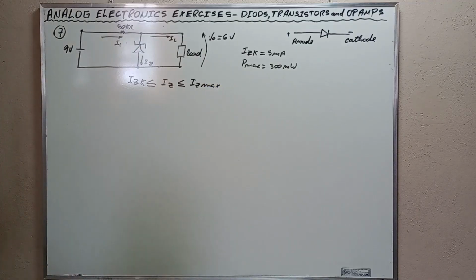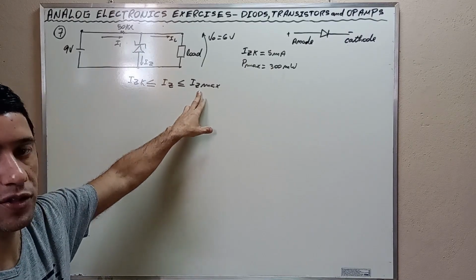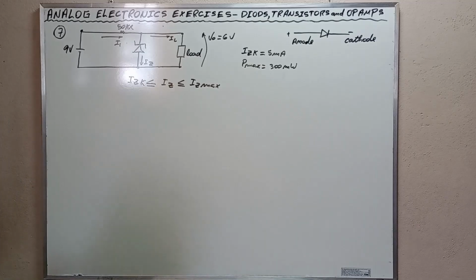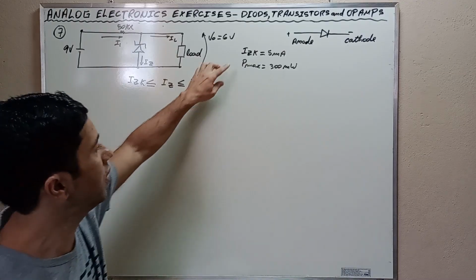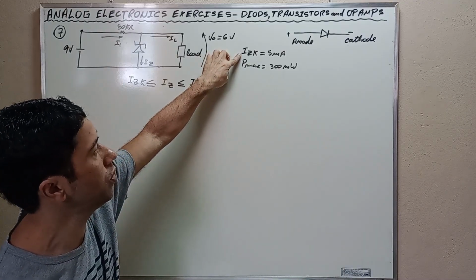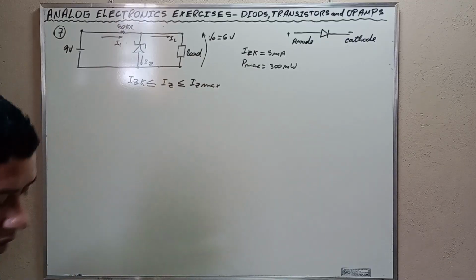IZK is the minimum current to maintain breakdown, the knee current, and IZ max is the maximum current before burning the diode. We don't want to burn the device, so there is a limit, this maximum current. Therefore, we're going to use that IZK is equal to 5 milliamps.